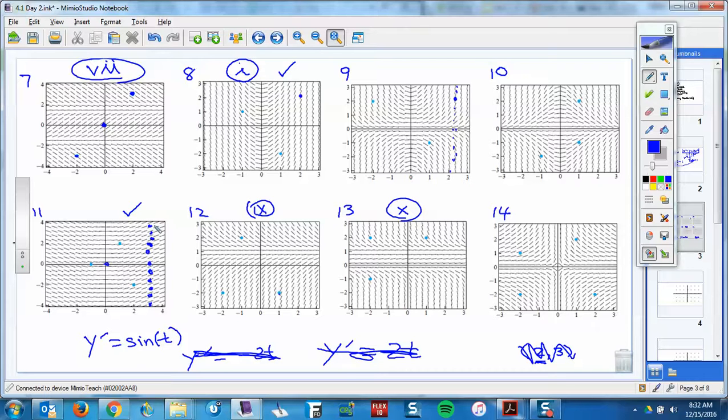To me, this should be like 1 and 2. Because it looks to me like it gets the steepest right in here, where my line is, and then it's starting to level off. Where would it be the steepest? Where is sine equal to 1? Pi halves, which would be 1.57.